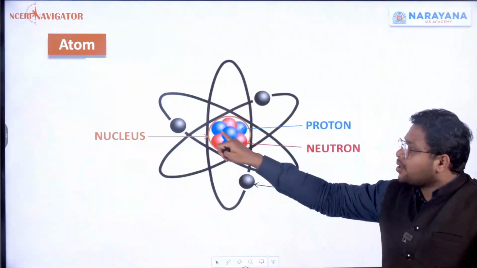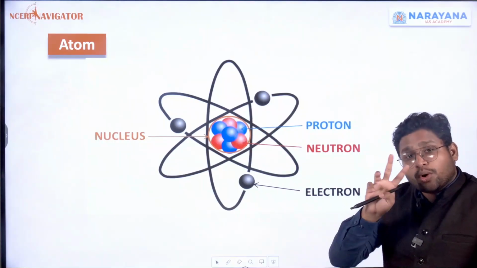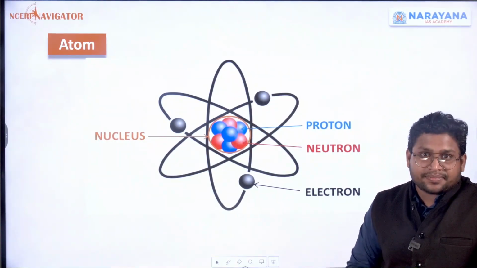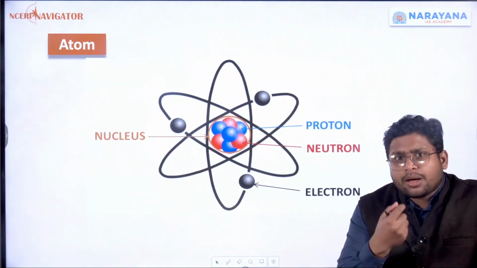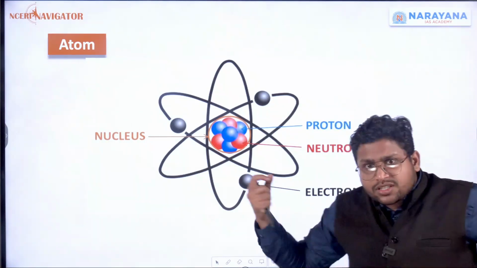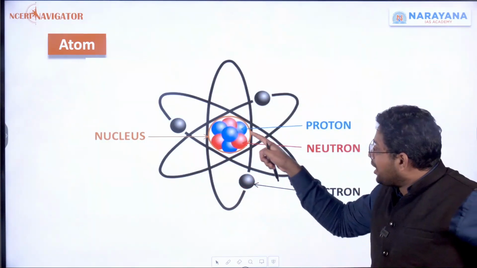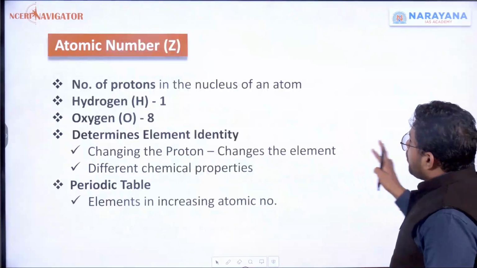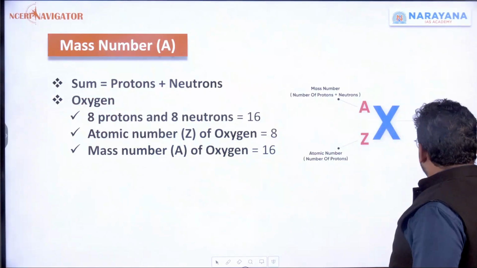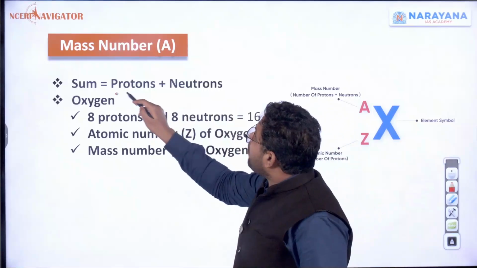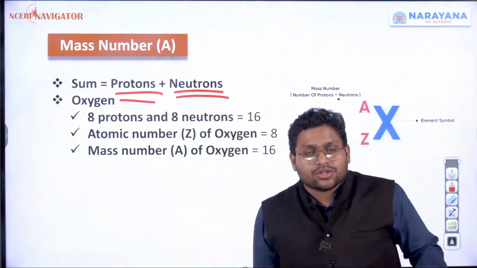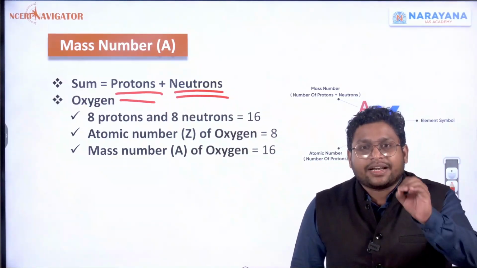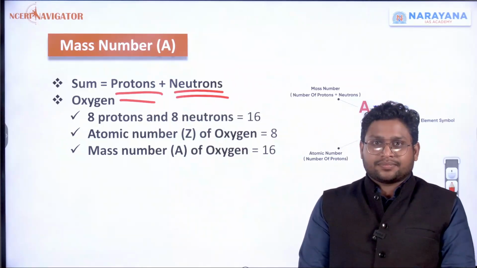And in the nucleus, protons as well as neutrons, both these things are present. So if I have to calculate the mass number of this atom, I have to take protons as well as neutrons. So to simply say, mass number is the sum of protons and neutrons of any particular element or any particular atom.